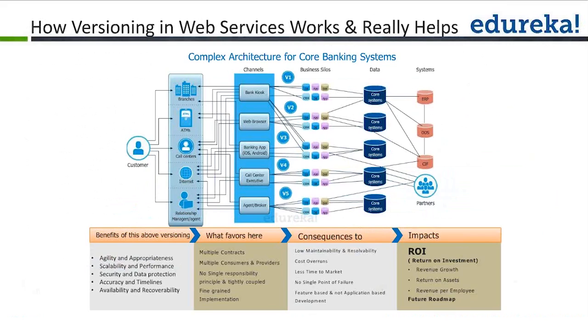So once you do this versioning, what favors this versioning? Again, the impact could be direct or indirect: you can have multiple contracts, multiple consumers and providers, no single responsibility principle and tightly coupled, and fine-grained implementation. So what is this multiple contracts here?